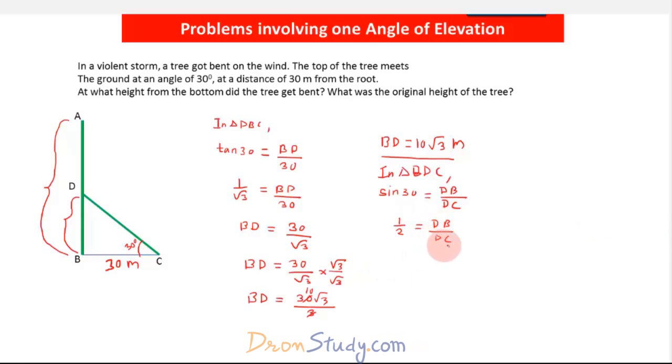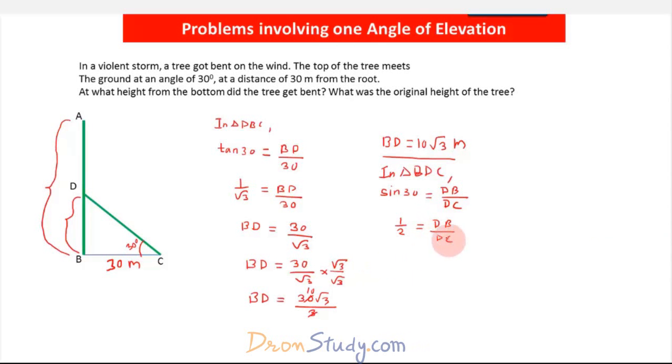Here we have to find DC. So 1 upon 2 is equal to DB, the length of DB that we got previously, that is 10 root 3 meters. So replace it by 10 root 3 upon DC.